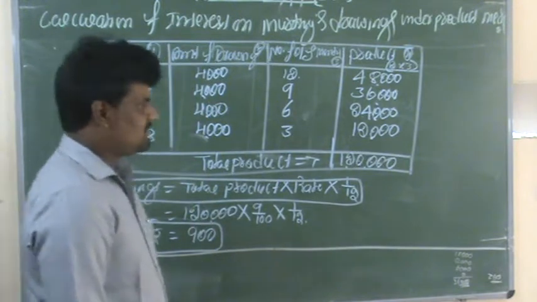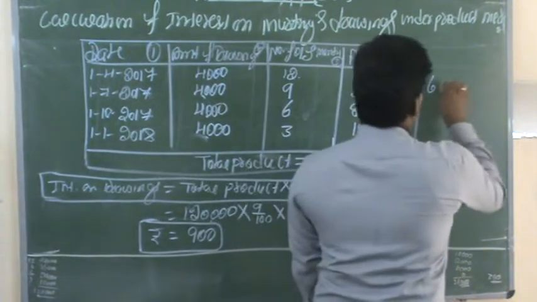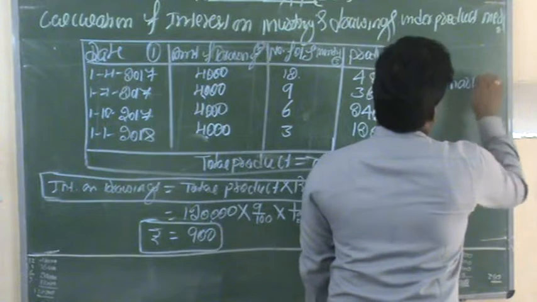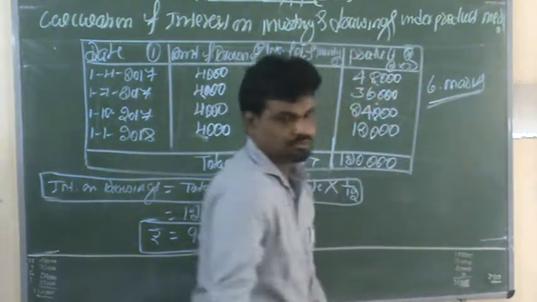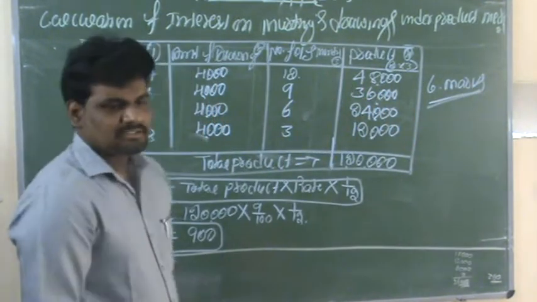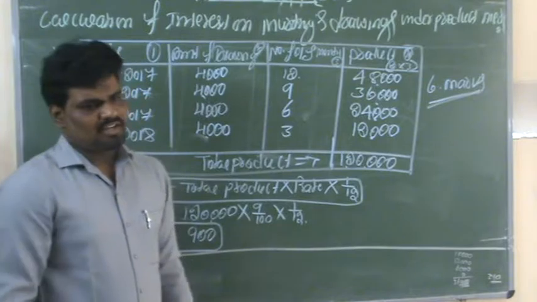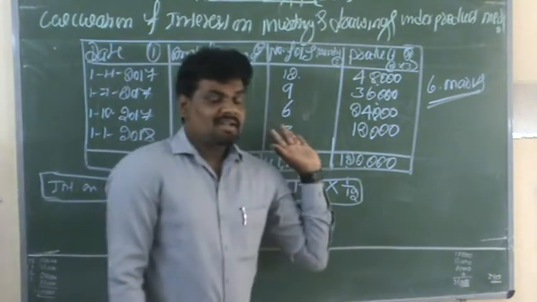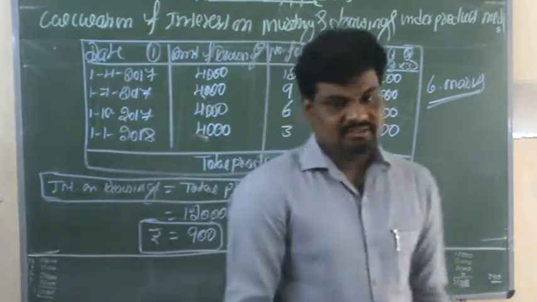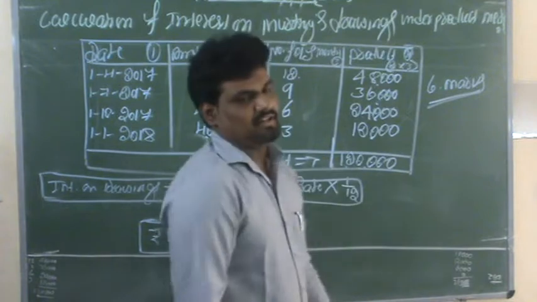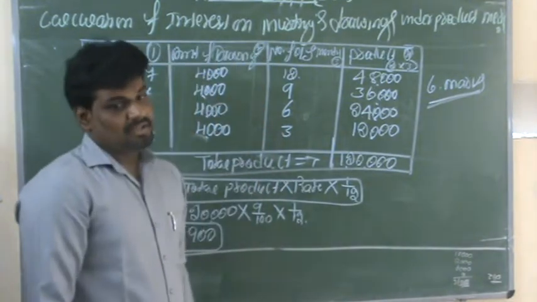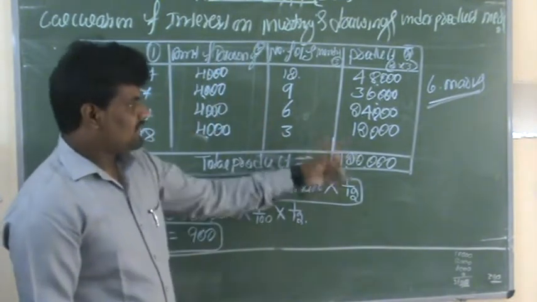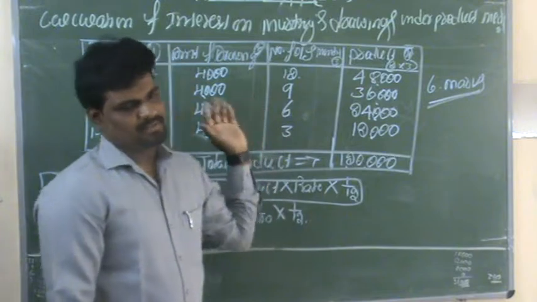So this is a 6 mark question as per the online examination point of view. This is the question related to when the partner is withdrawing at the beginning of each quarter. In the beginning of each quarter means we need to calculate in this method.